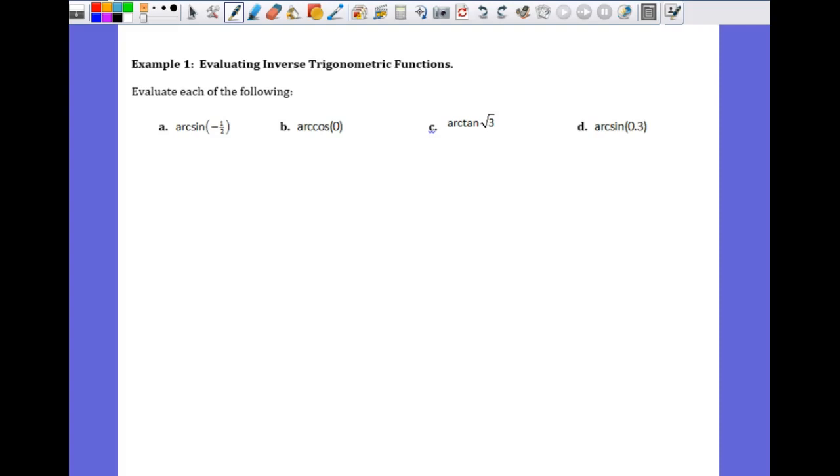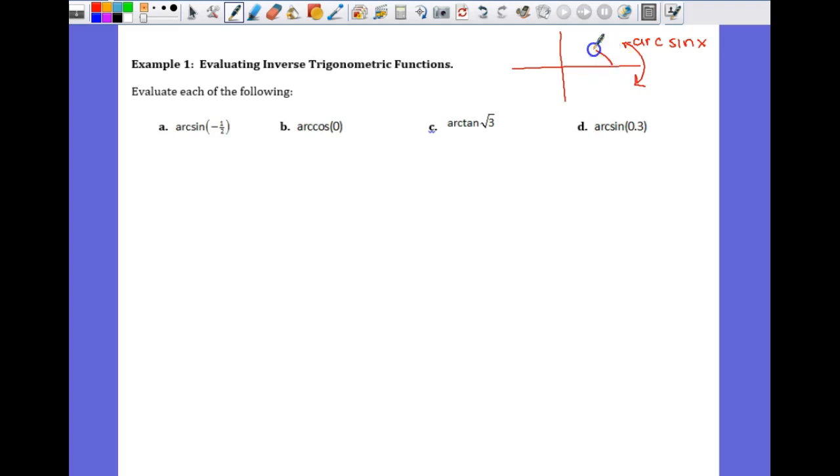So the question is, what is the arc sine of -1/2? You have to recall that in trig, arc sine could only live in 2 quadrants, quadrant 1 and quadrant 4. So any answer you give me for number A has to be from 1 or 4 only.